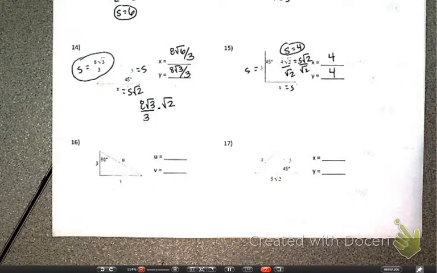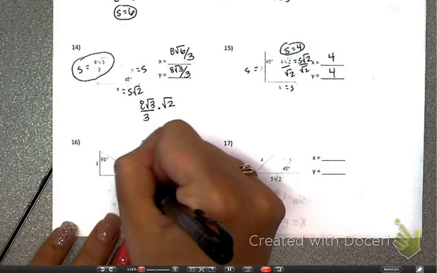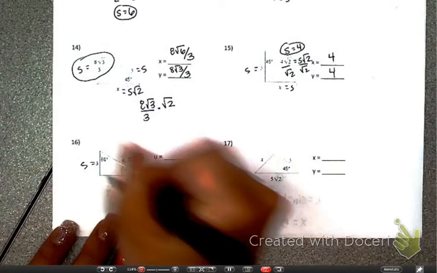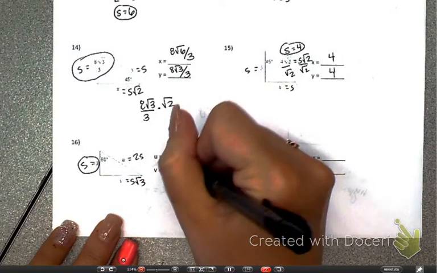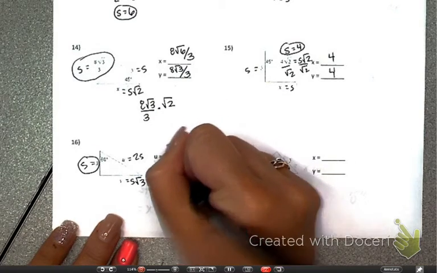All right, let's see. Across from 60 is S radical 3. Here's S. Here's 2S. So S equals 3, which means U equals 6 and V equals 6 radical 3.